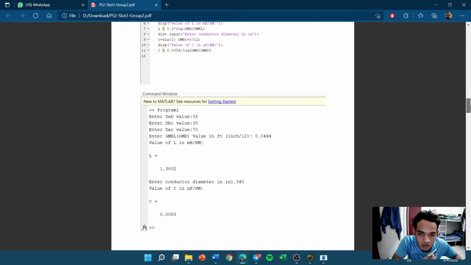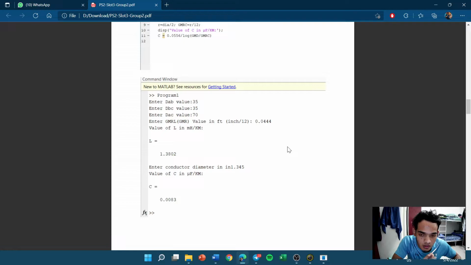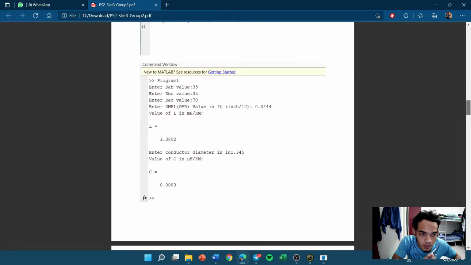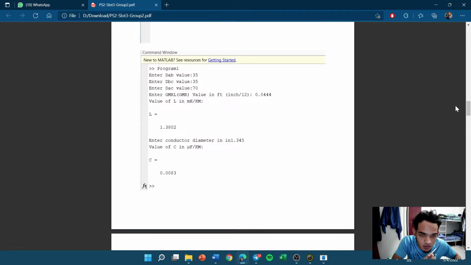As we can see here, the geometric mean radius is 0.0444, which is the same as our manual calculation. The same goes for the inductance and the capacitance.